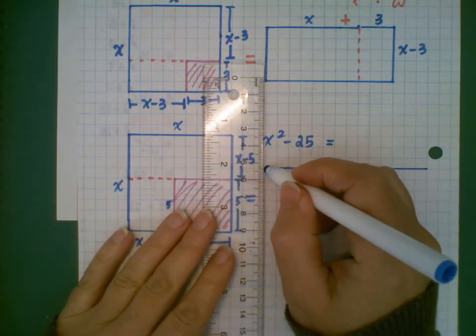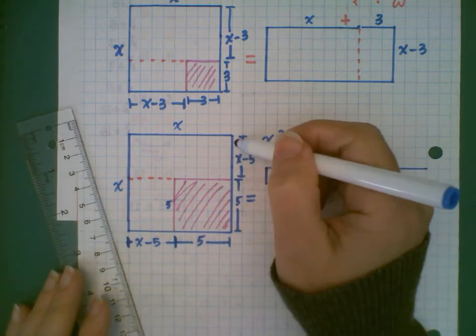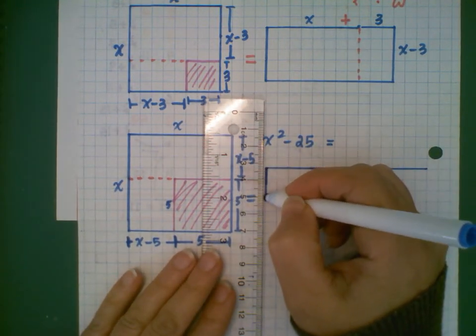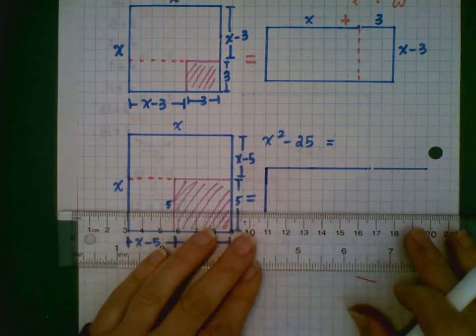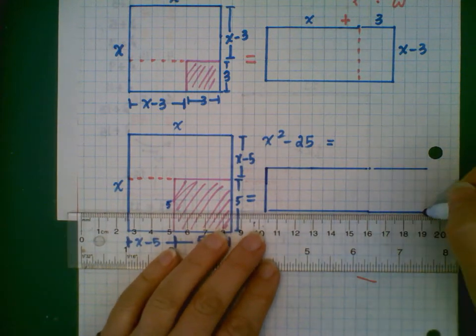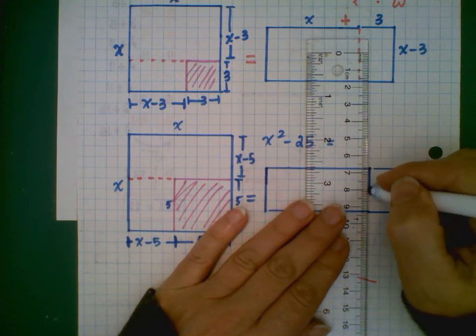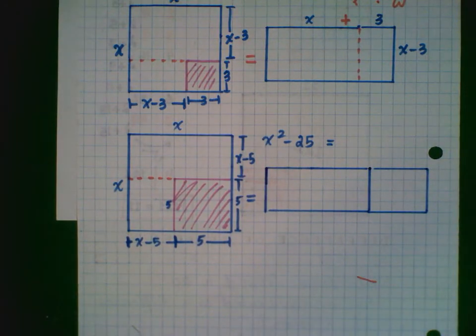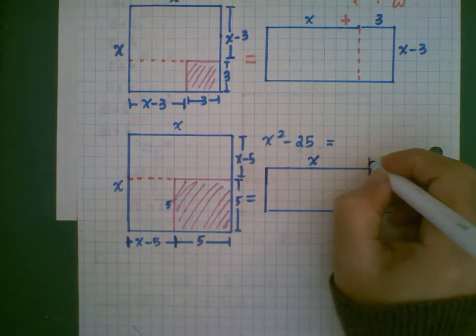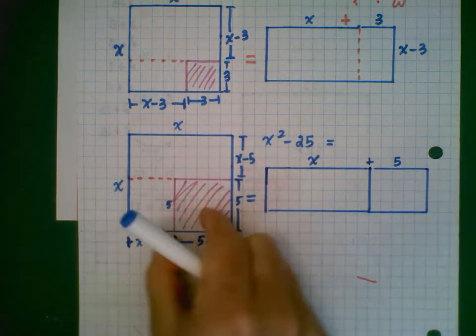And I've just added a little point there to help me see what I'm doing. So x minus 5, in this case, is 4 squares in my visual proof. So this is x plus another 5. That was this length here, and it's been migrated up.